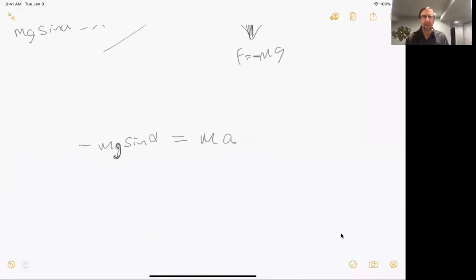Now, acceleration is the second derivative of position. But on the left we've got things in terms of the angle, not the position, so what we need to do is get position in terms of angle.